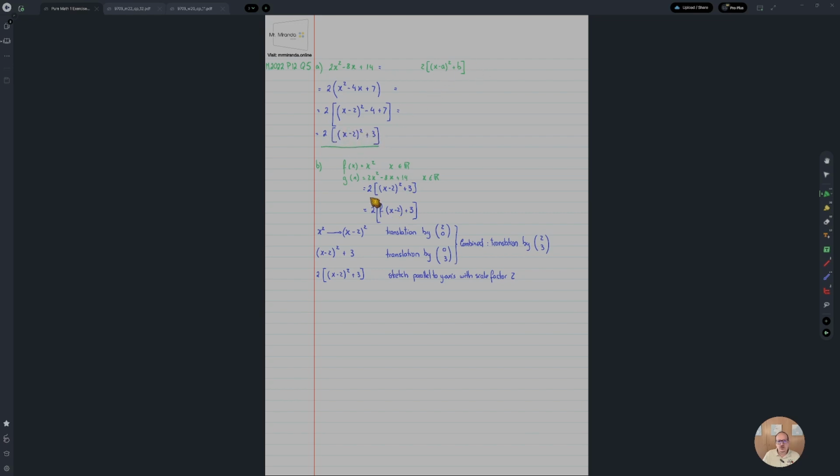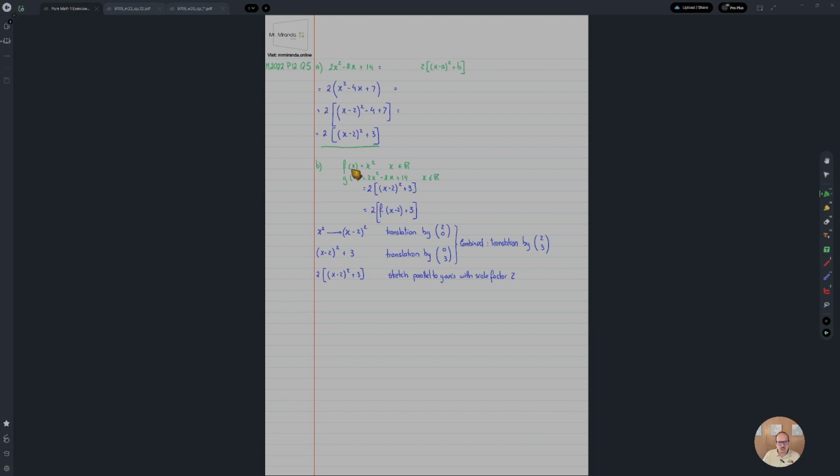So if x squared is f of x, what is this going to be? If you look at it this way, you are going to have the function f of x minus 2, plus 3, and the whole thing times 2.